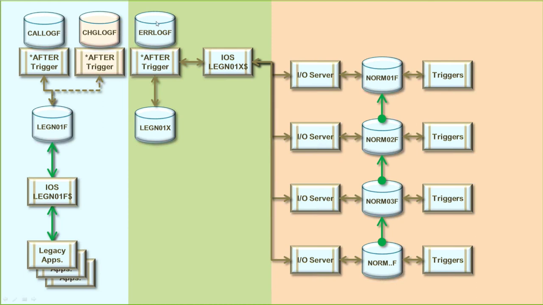The error log file is the method you can read in my pulling the trigger without shooting yourself in the foot article, where you can actually identify an error which could have come back from this trigger through that IO server, back to this IO server, and back to that after trigger. Instead of passing it on to the database, you pass it into the log file. And you keep it, you log it in the log file.